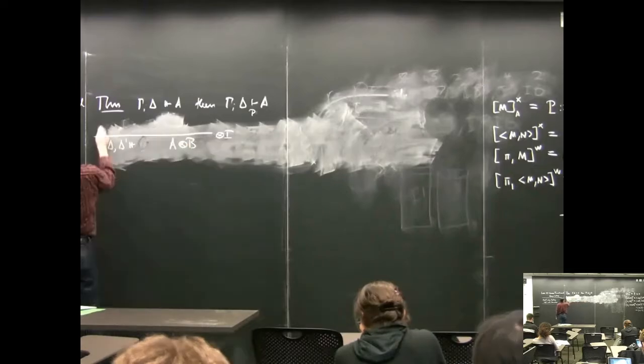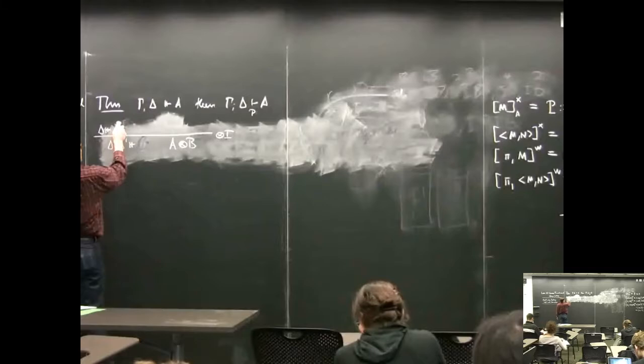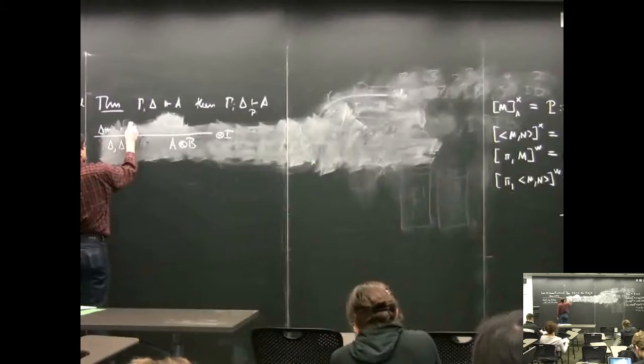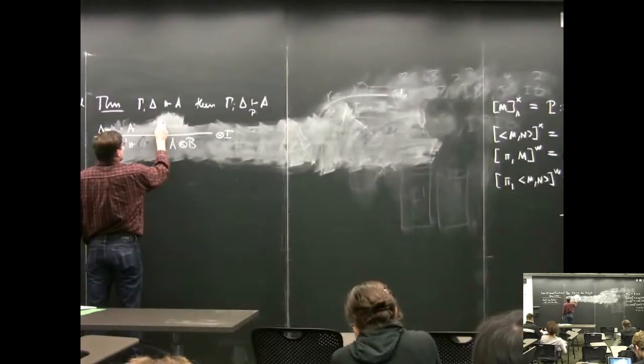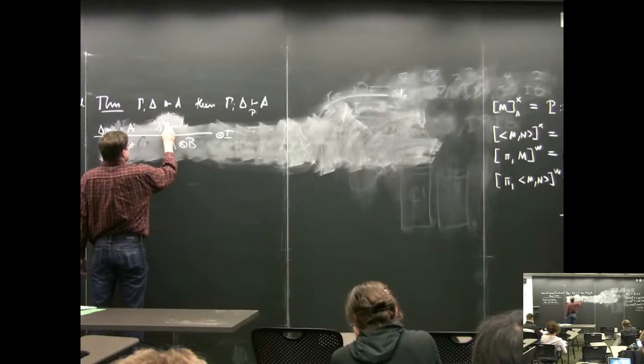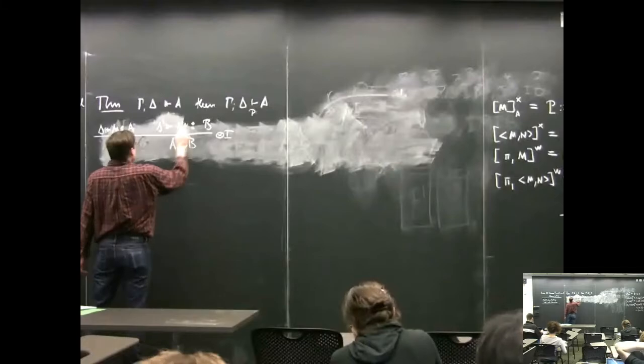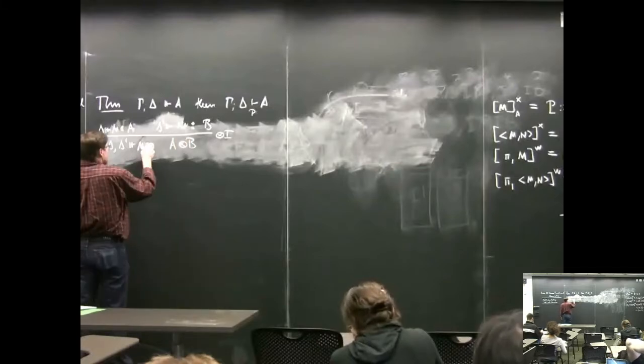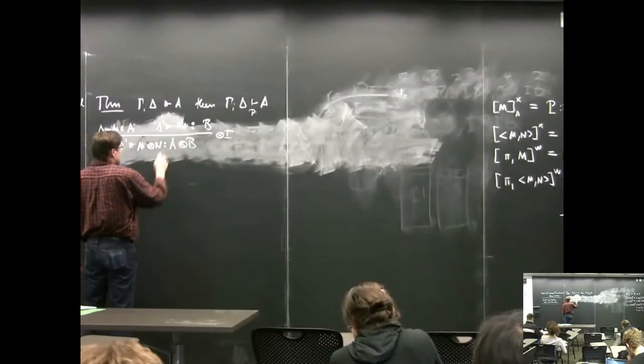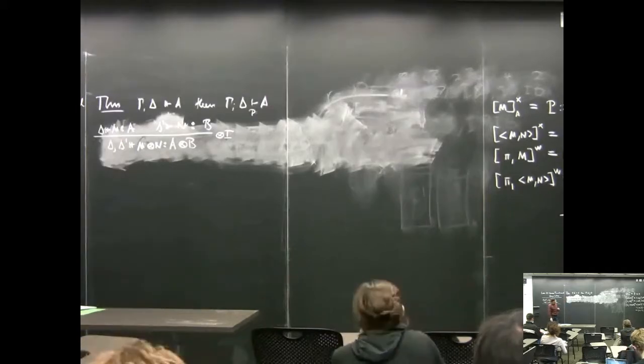We split it up, delta goes here and gives us A, delta prime goes here and gives us B. And so this is an M of type A, this is an N of type B. Then the notation we used was M tensor N. Translate into the sequent calculus to see what happens.